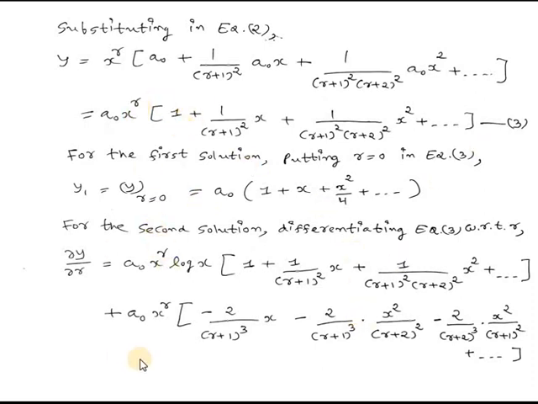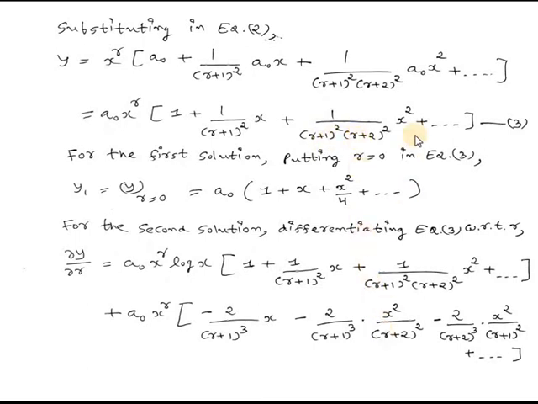Now x raised to r will be constant and we will take the derivative of this bracket. The derivative of 1 is 0. The derivative of this term with respect to r will be minus 2 divided by (r plus 1) whole cube into x. Here again using the product rule, because here it is r and here it is also r, so we have to apply the product rule.